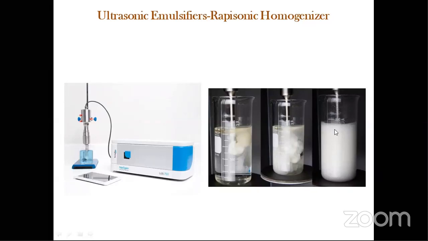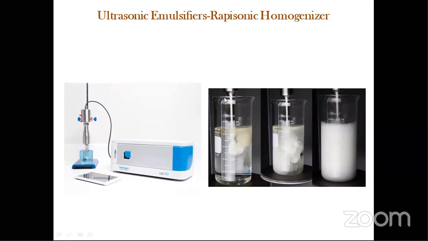In the second picture, we have shown the three phases of this homogenizing. What are the three phases? In the first phase, the mixing process has just started. In the second phase, 50% is mixed by using the sonication. And as the sonication increases, it is fully mixed and the complete emulsion is prepared in the third phase.